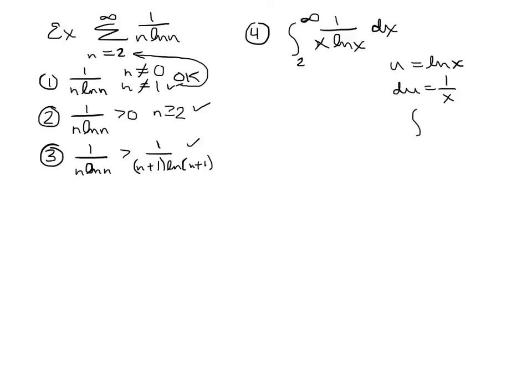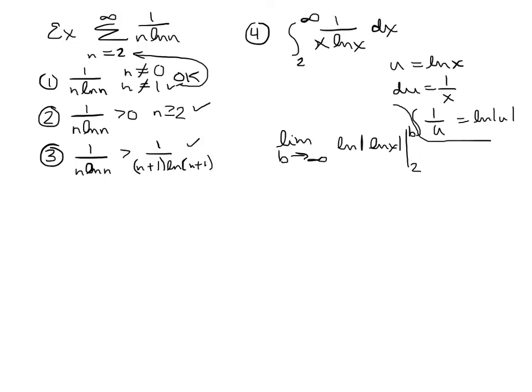So I'd end up with the integral of 1 over u, which is natural log of absolute value of u. And I'd have to take a limit as a different variable, b, approaches infinity, of the natural log of the absolute value of u, where u is the natural log, and I have to evaluate that from 2 to b.